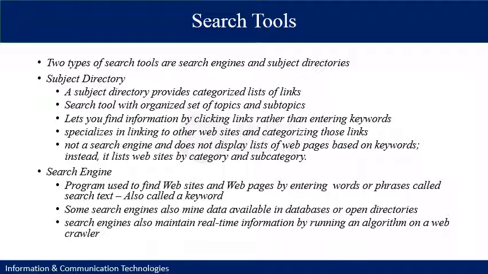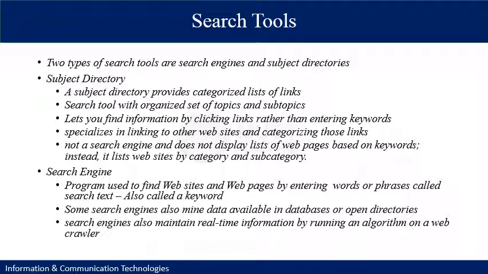So this leads us to the definition of search tools, and there are two types of search tools which are search engines and search subject directories. A subject directory, as the name suggests, is a directory of different types of content.